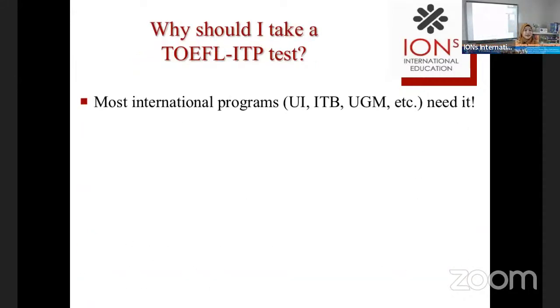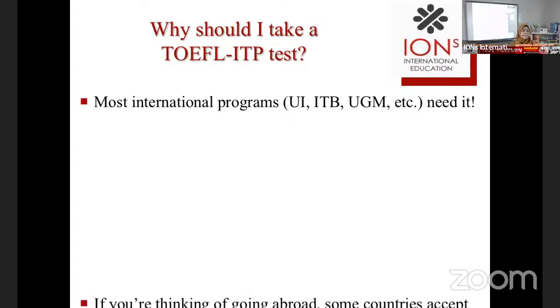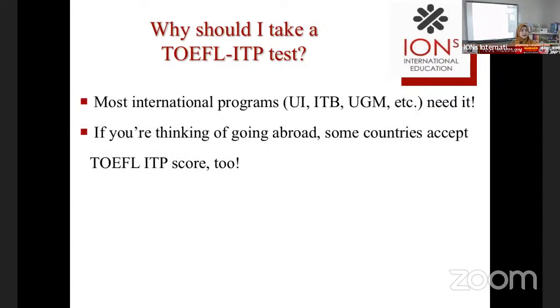Okay. Next, why should I take TOEFL ITP test? Right. So here, these are the reasons. So the first reason, if you're still students, especially the junior high school students, teman-teman, most international programs in UI, in UGM, in ITB, and any other universities, they require you to do the TOEFL ITP test.